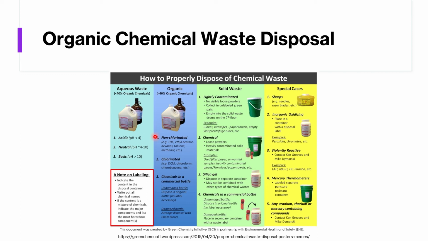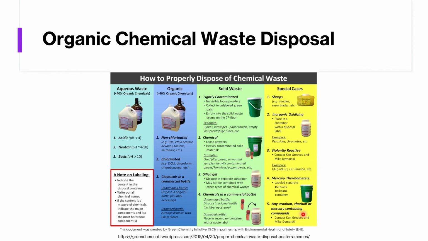If they're organic substances, what we need to then decide is, is the substance non-chlorinated or chlorinated? Those different kinds of organic chemicals, whether they have halogens or they don't have halogens, will get processed in quite different ways. So being able to separate them initially means that the later steps that happen in processing chemical waste are a lot simpler. We can also have containers for solid waste as well as specialized waste that's here in particular for really toxic metals.